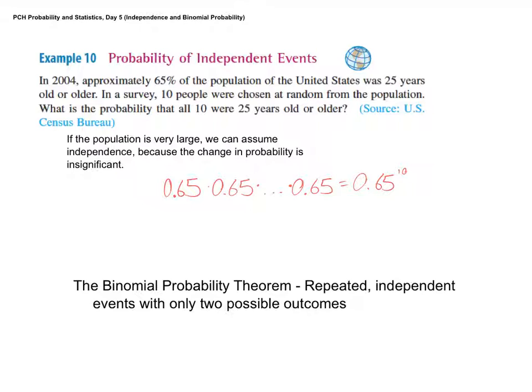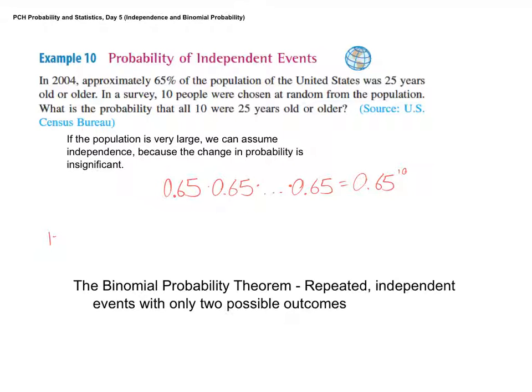Now, that's easy. Also, getting the probability that none of them are 25 years old or older would be pretty easy as well. What would that be? Yeah, what's the probability that they're not 25 years old or older? Here's that complement. 1 minus.